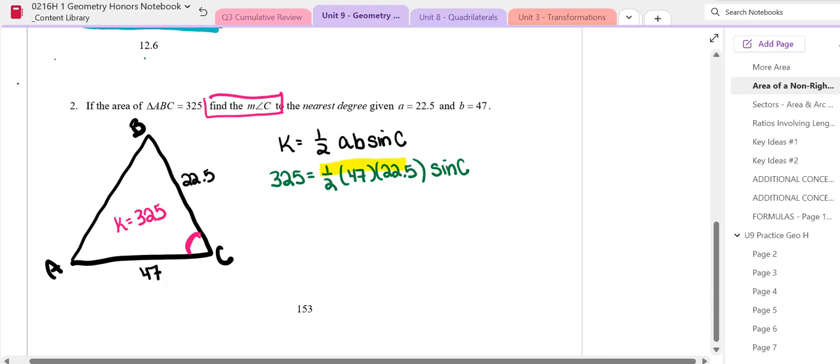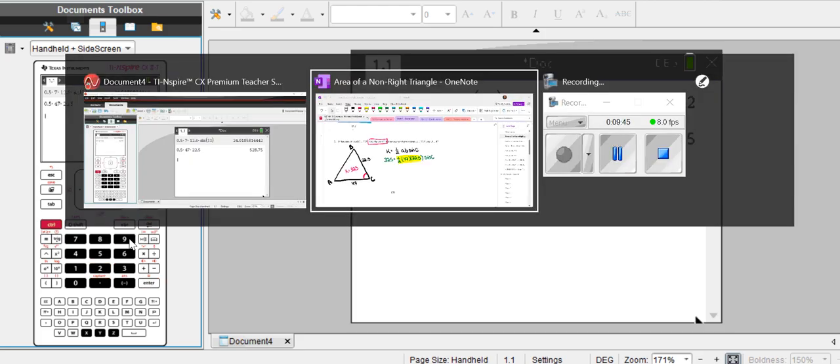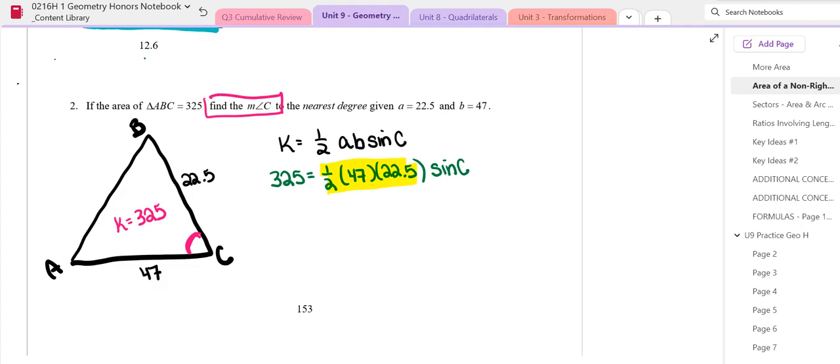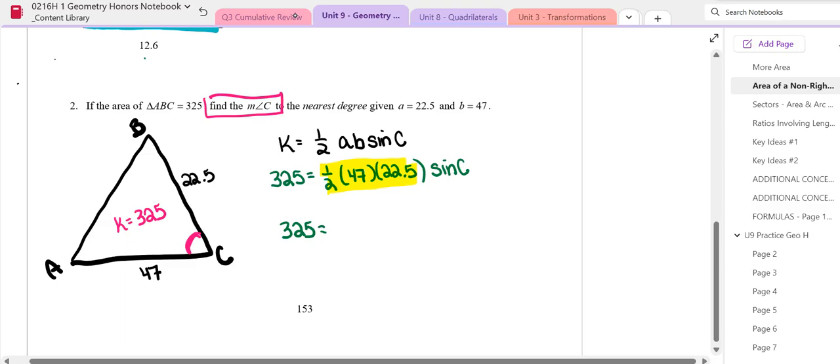To simplify this, I'm going to go into my calculator and multiply those three factors. So I'm going to keep my 325, and the product of those three numbers was 528.75.